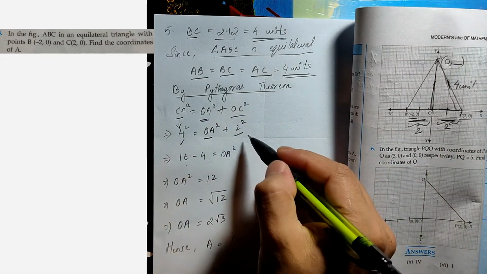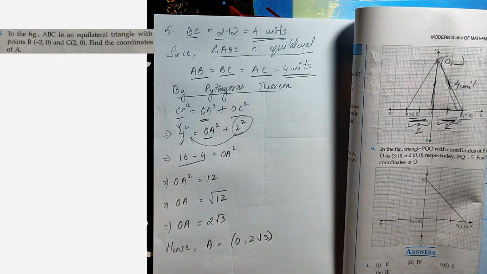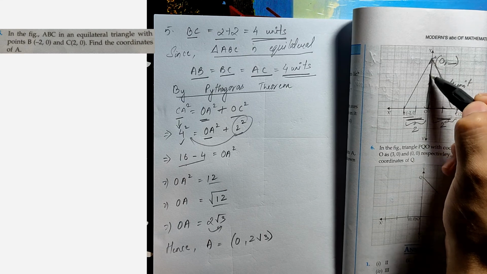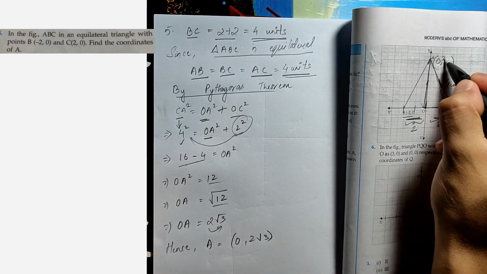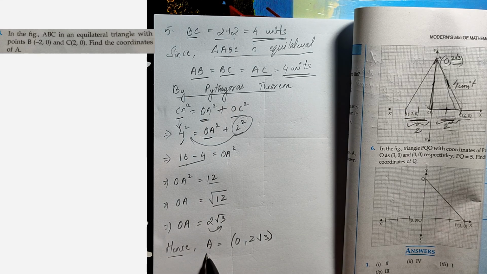So 4 square is 16, 2 square is 4, it will come here, it will become this. Then this is 12, so OA square, so OA will become square root of 12, which is nothing but 2 root 3. So that means this distance is 2 root 3, which will be the y coordinate. So hence A is equal to 0, 2 root 3.